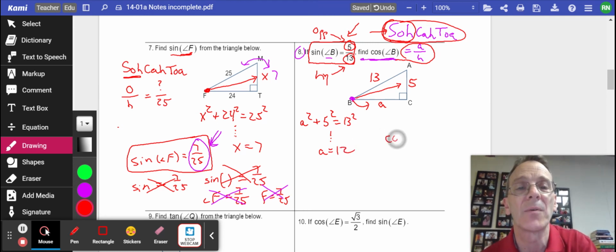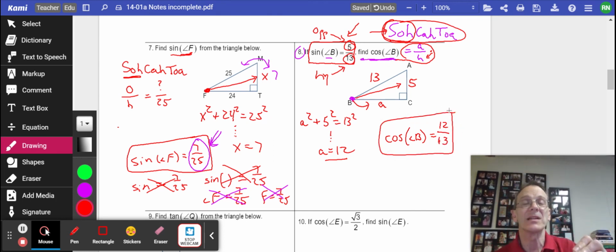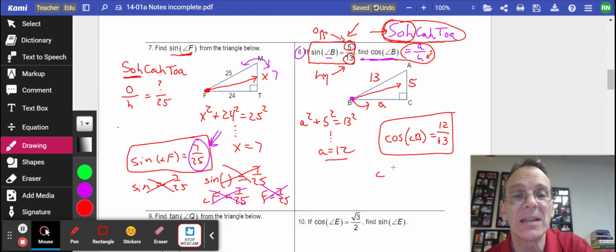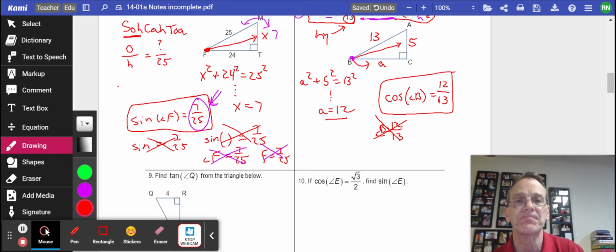And so now we can write the value of the cosine of angle B. Again, it's the adjacent side, which we just found out was 12, divided by the hypotenuse, which is 13. And once again, 12/13 is the value of the cosine of angle B. It is not the number of degrees in angle B itself. Okay. Moving on.